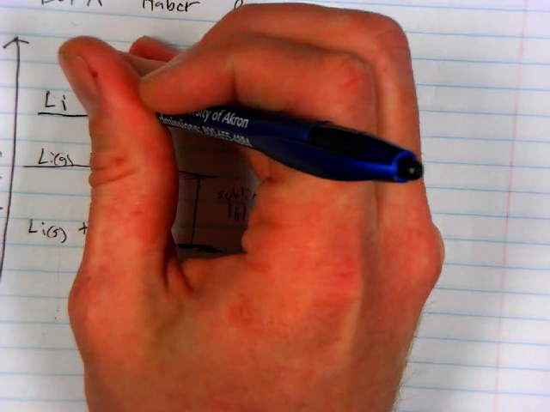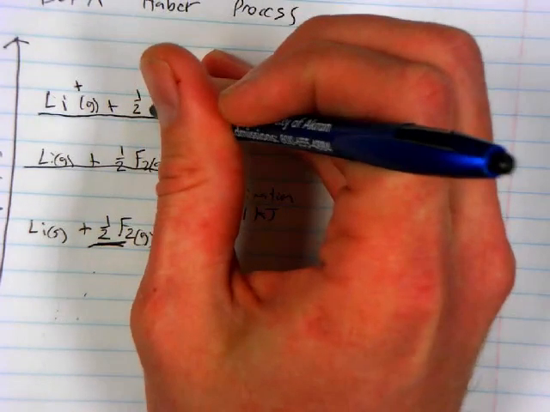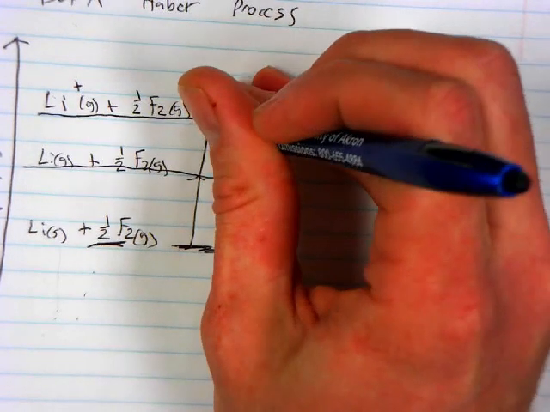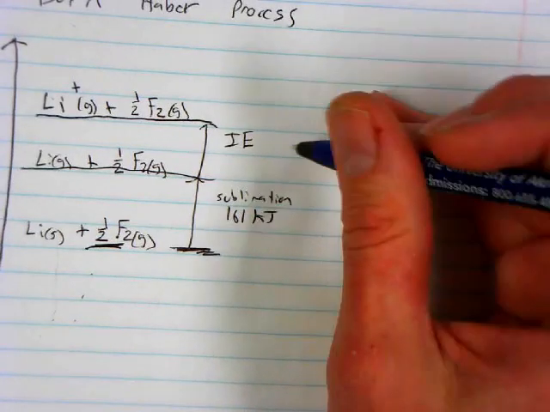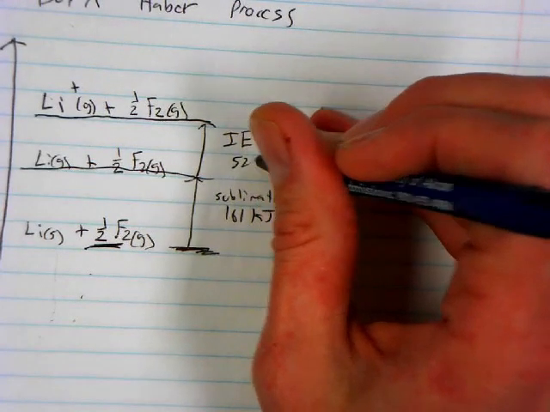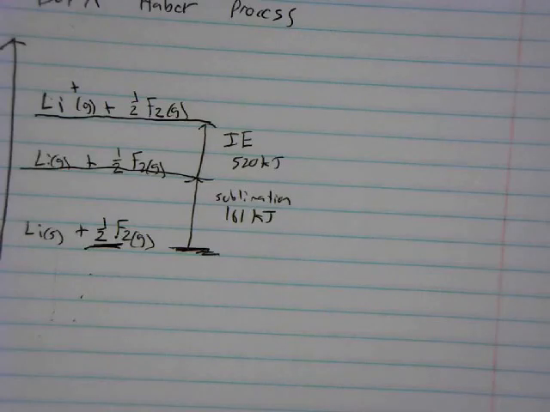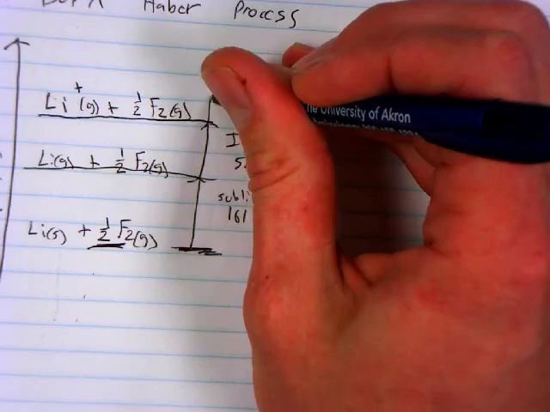Now I have my lithium ion, which is a positive gas, plus 1/2 F2 gas. Guess what this energy is called? Ionization energy. So I ripped off an electron. My ionization energy is 520 kilojoules. At this point, I have lithium ion and 1/2 mole of fluorine gas.